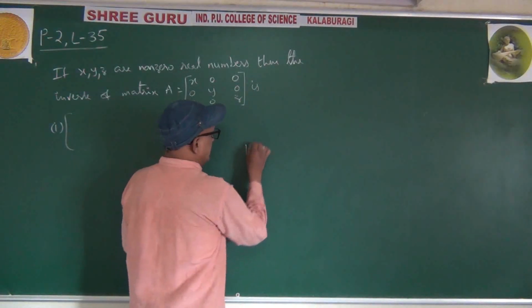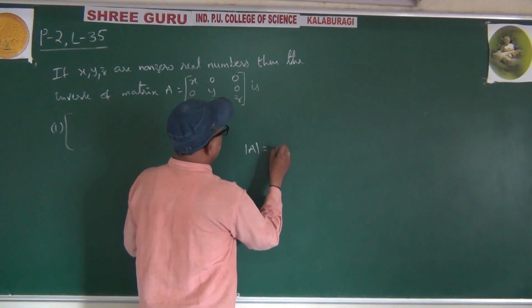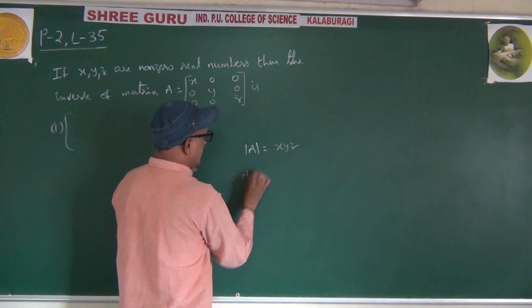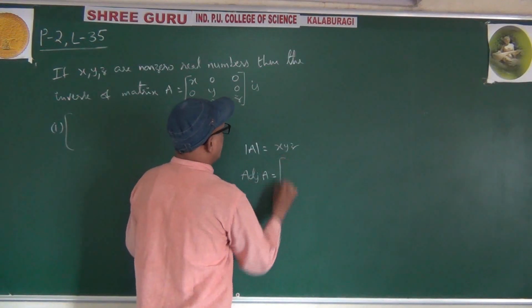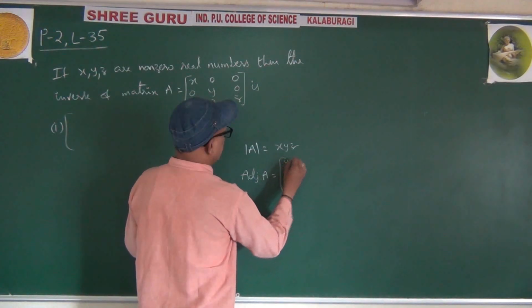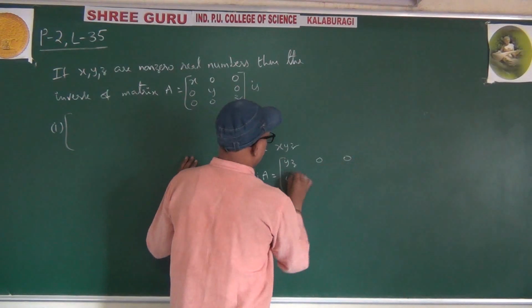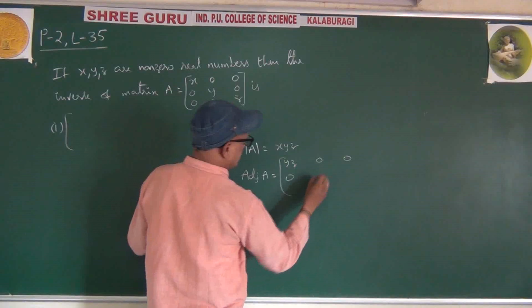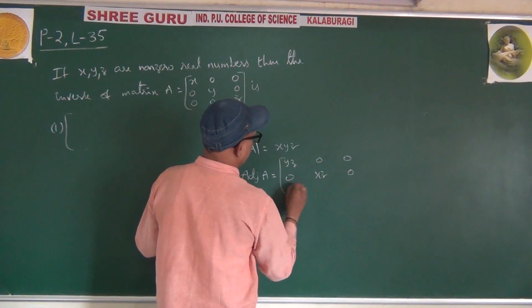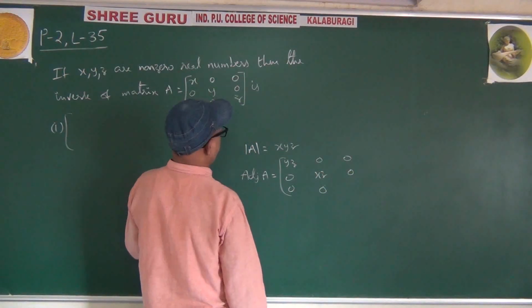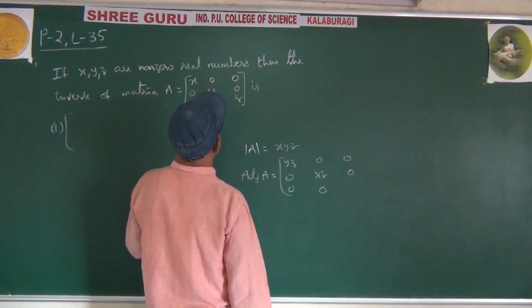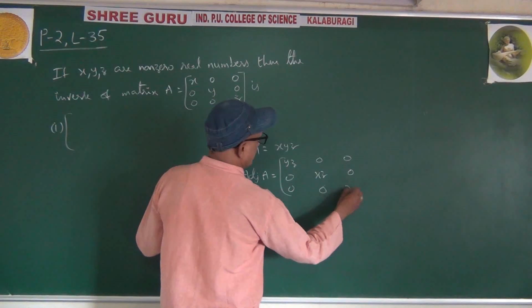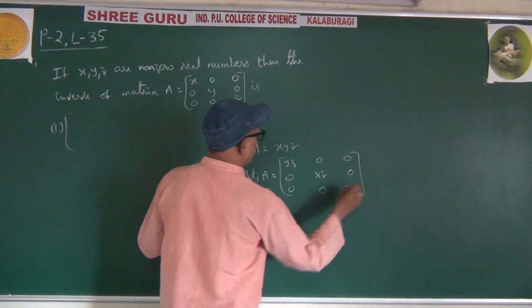Determinant A is xyz. Adjoint A: you will get yz here, xz here, and here you will get xy.